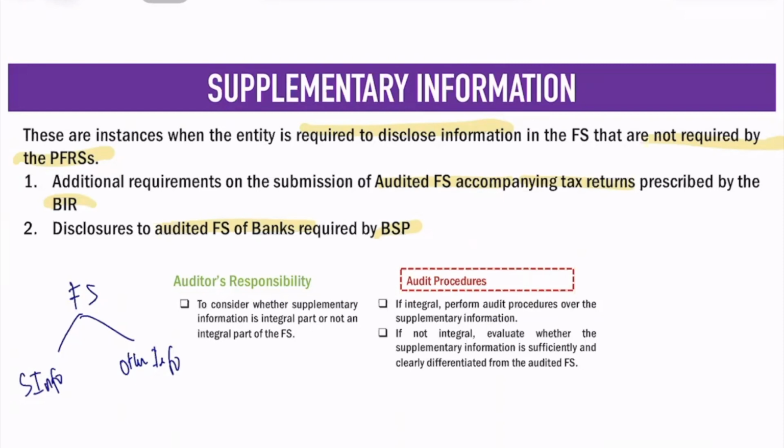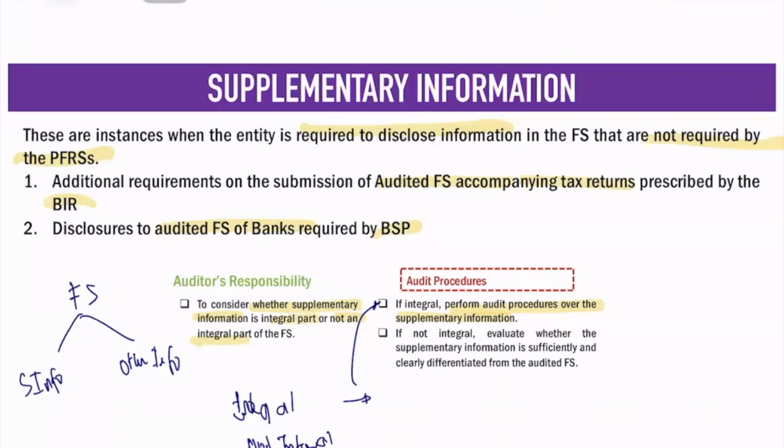So what is the responsibility of the auditor with this supplementary information? You consider whether the supplementary information is an integral part or not an integral part. Why? Because if it is integral, you perform audit procedures over the supplementary information, looking into the requirements provided by the BIR and BSP.